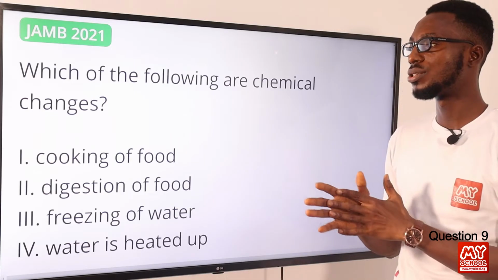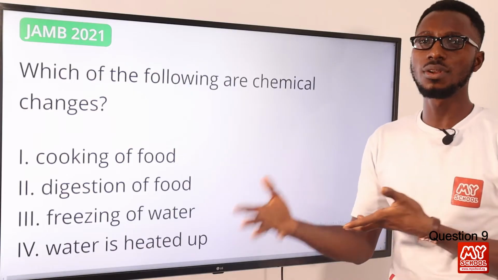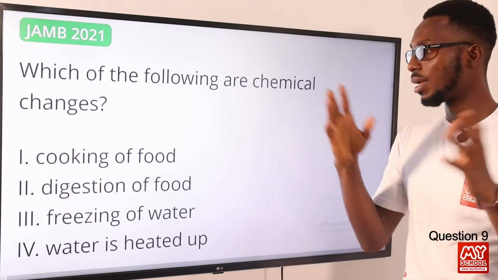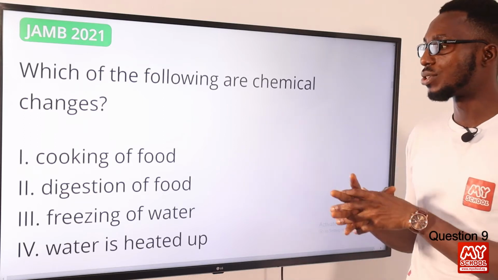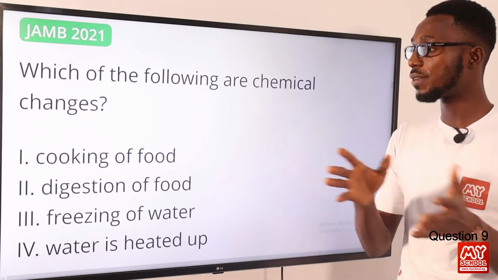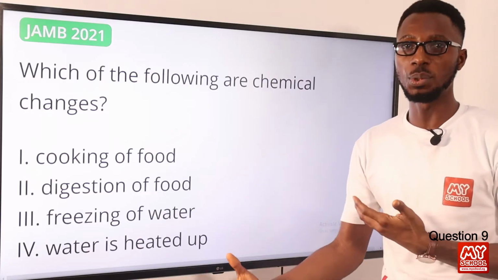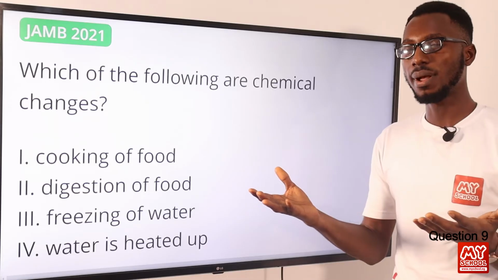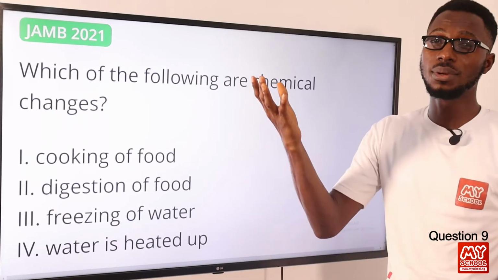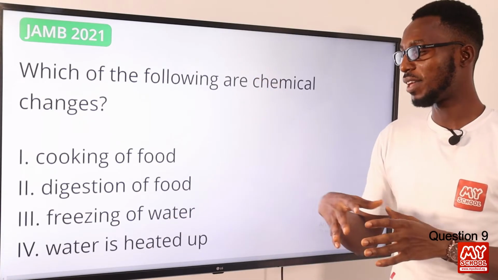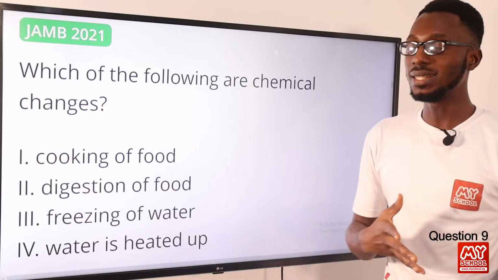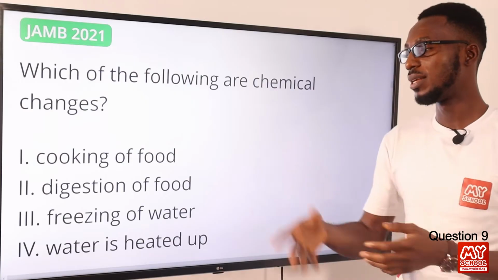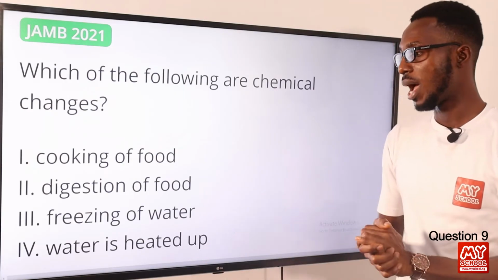Examples of chemical changes include burning, rusting of iron, fermentation and decay, and changes in electrochemical setups. Then a physical change is easily reversible and no new substances form. Examples of physical change include freezing, and when you apply heat to water, evaporation can occur. Boiling and evaporation as well.